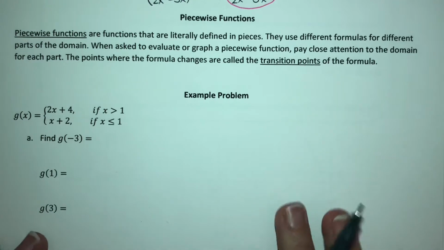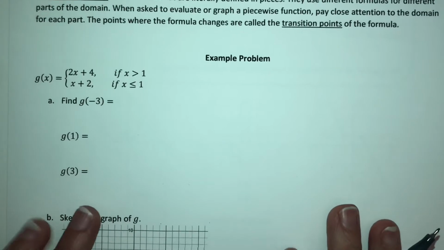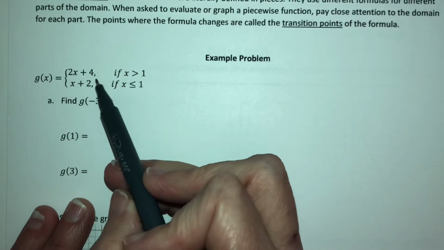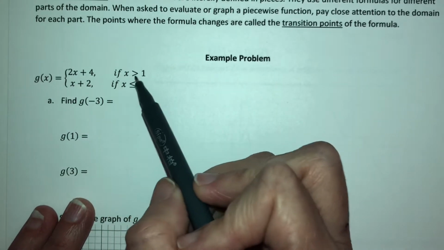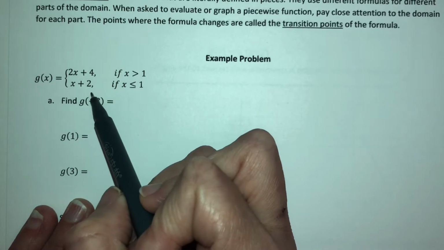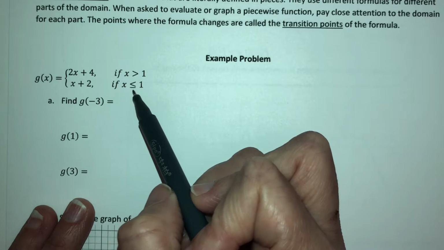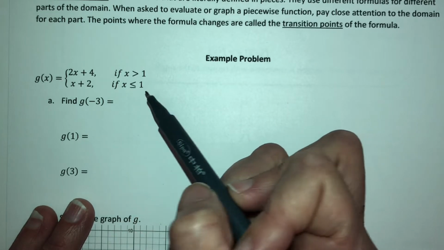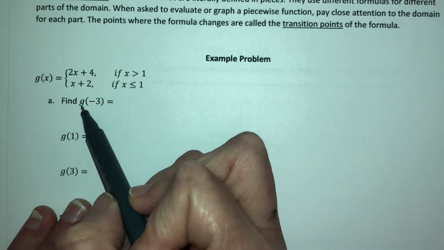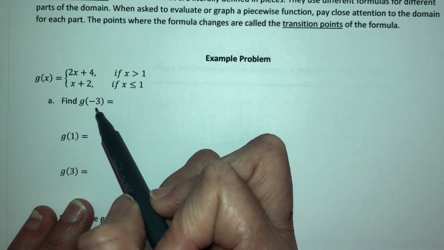Okay, so first of all, let's go with this, where we have g of x defined as 2x plus 4 if our x value is greater than 1, and it is x plus 2 if our x value is less than or equal to 1. So let's find g of negative 3.